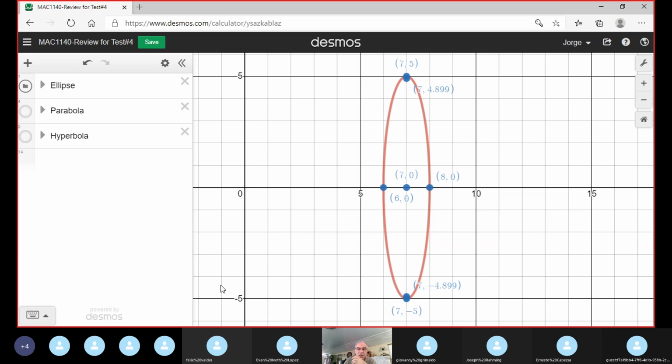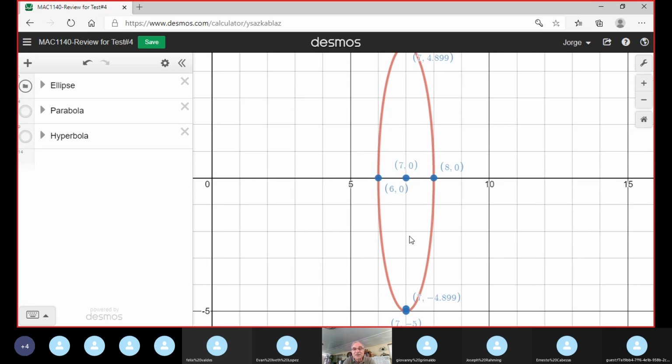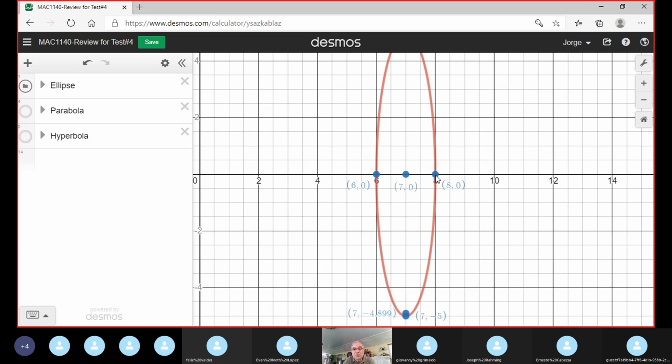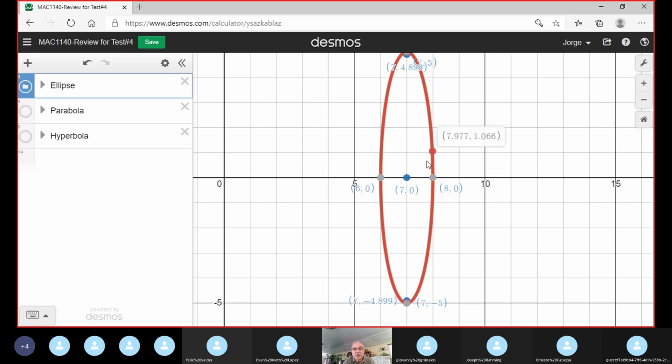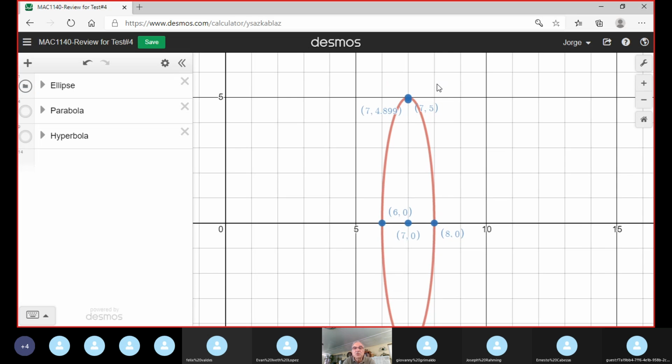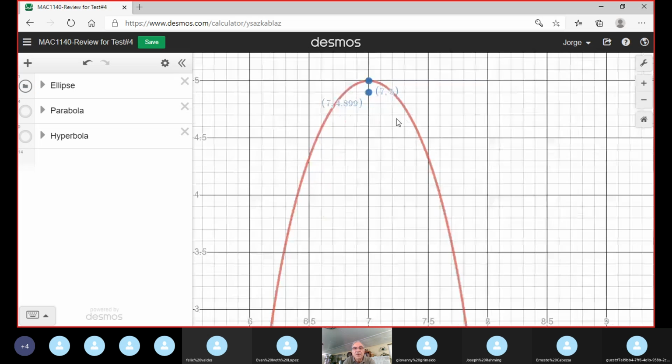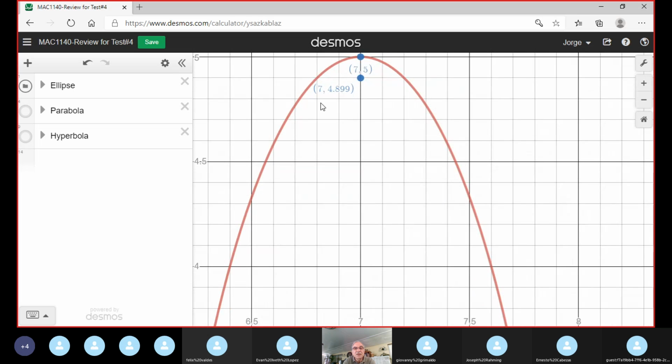That is the reason our ellipse is a vertical ellipse. So the vertices are located at (7, 5) and (7, negative 5). The endpoints of the minor axis are (8, 0) and (6, 0). And the focus is very, very close to the vertex. Look at that, make a zoom. At the distance (7, radical 24), which is 4.899.